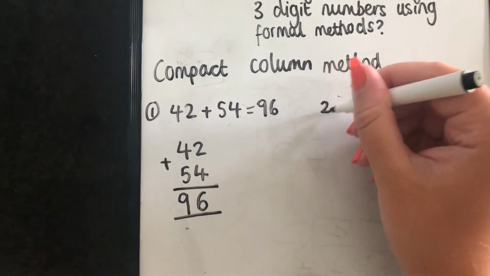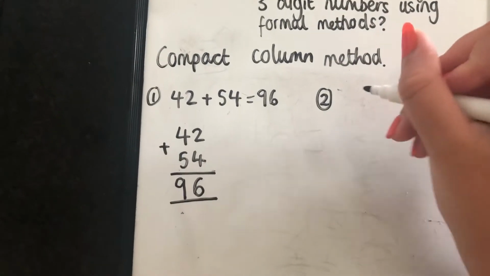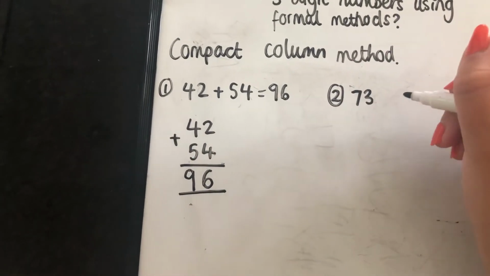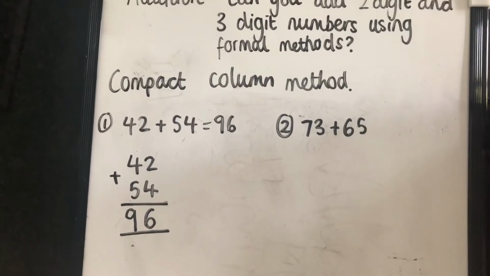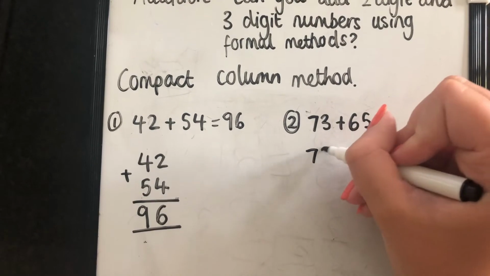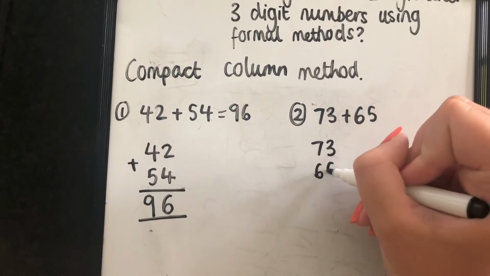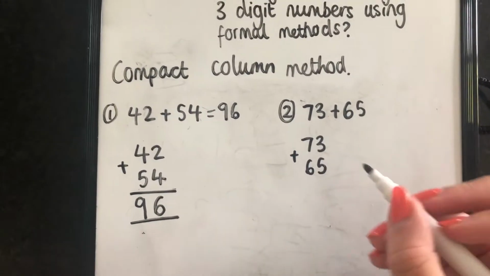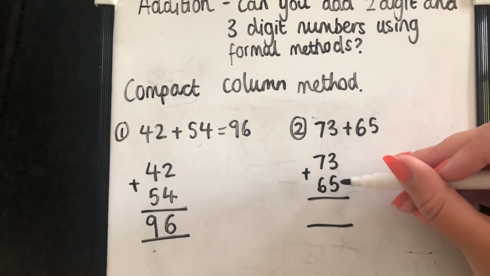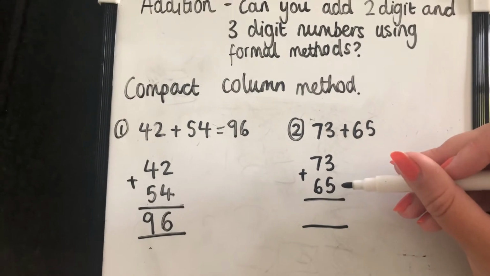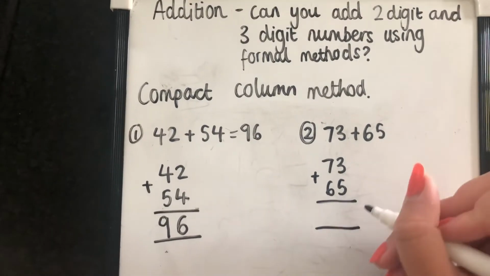Okay, number 2. What's our second one? 73 add 65. Okay, so let's add them up. 73 on top, 65 underneath. I'm going to add them together. So 3 add 5. What's 3 add 5? It's 8 units.